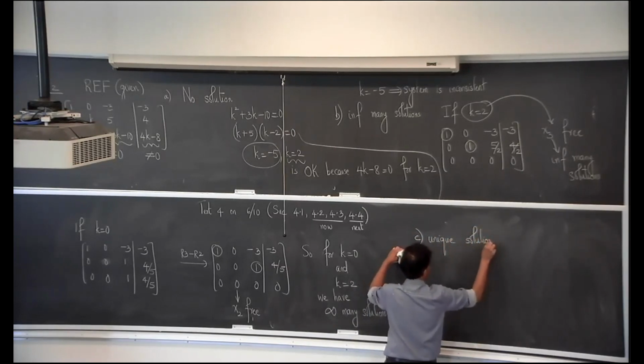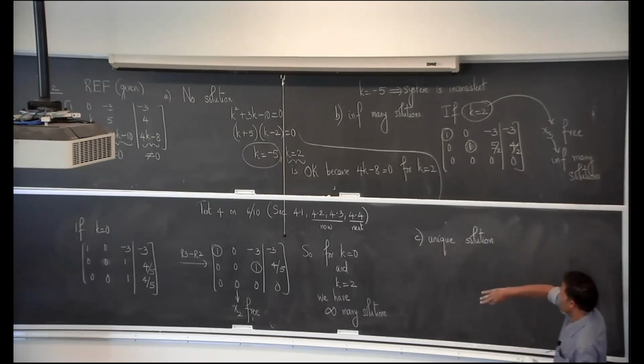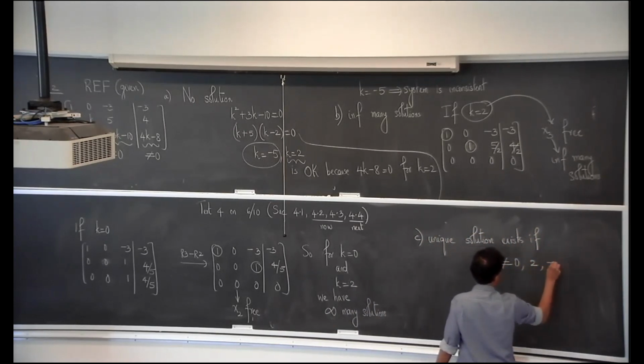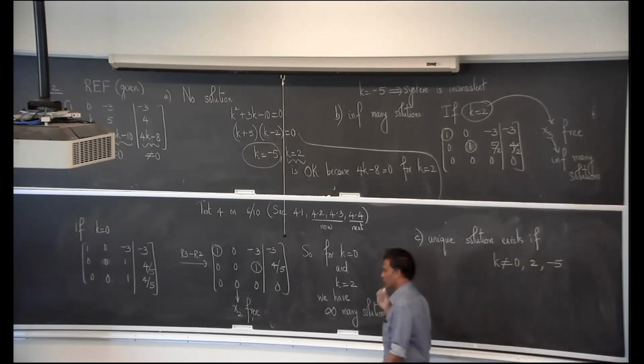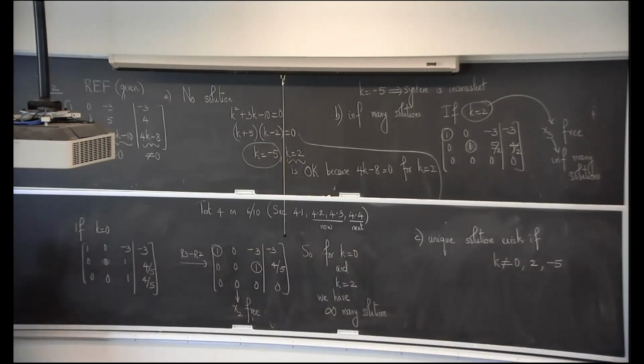So the guarantee is that it's a trichotomy. There is no overlap between these cases. Unique solution exists if k is not equal to 0, 2, or -5. So it could be 1, it could be 3, it could be 4, it could be pi, e, whatever you want.